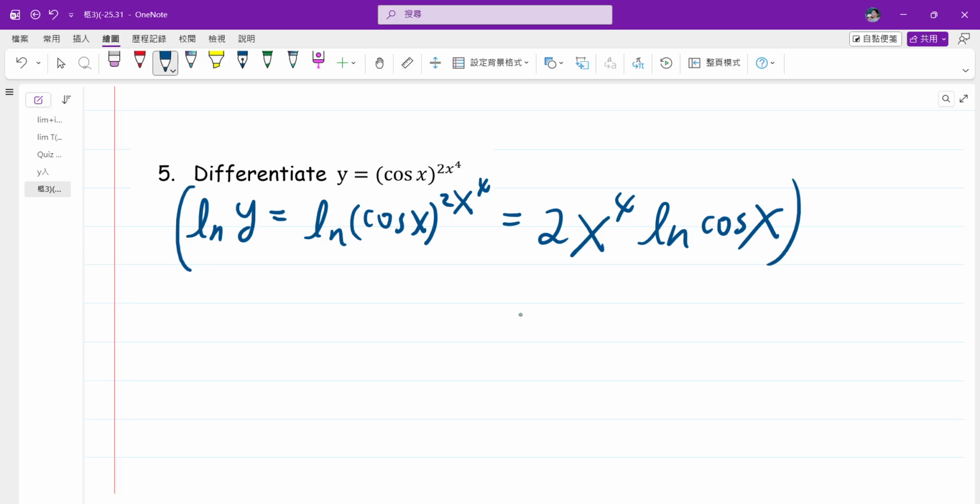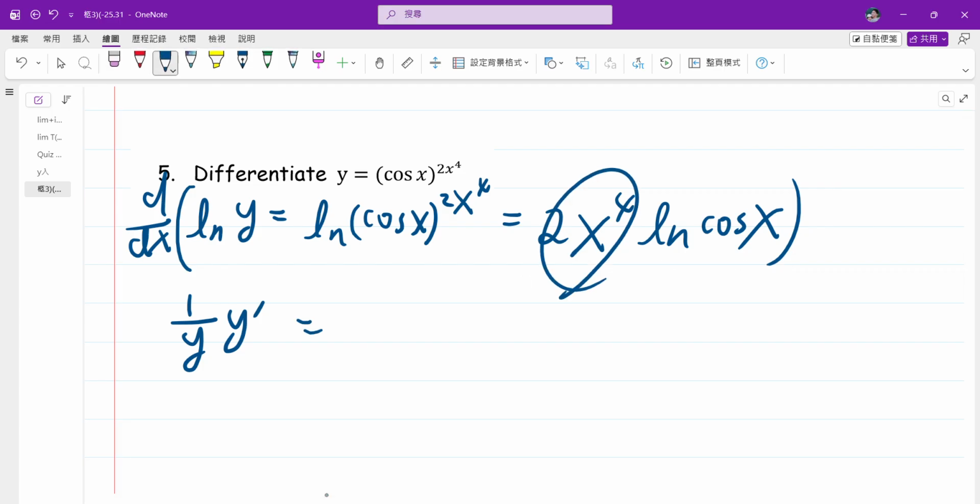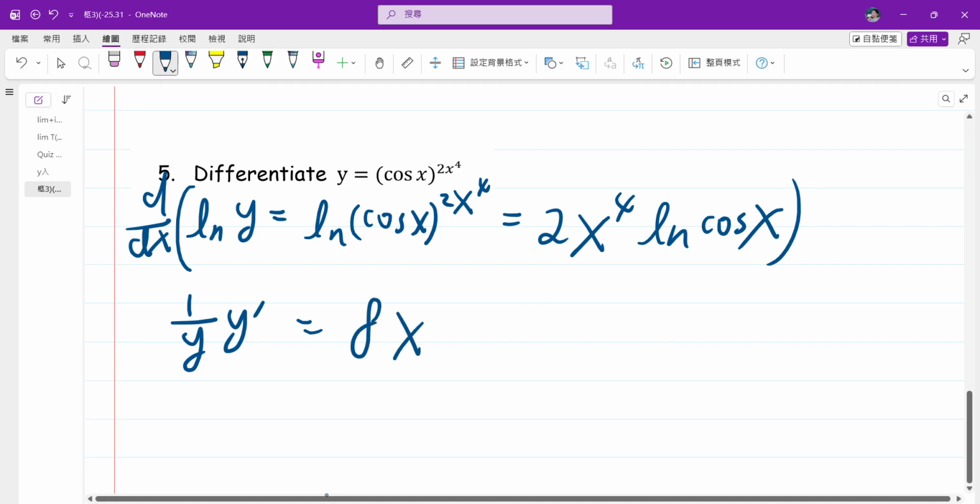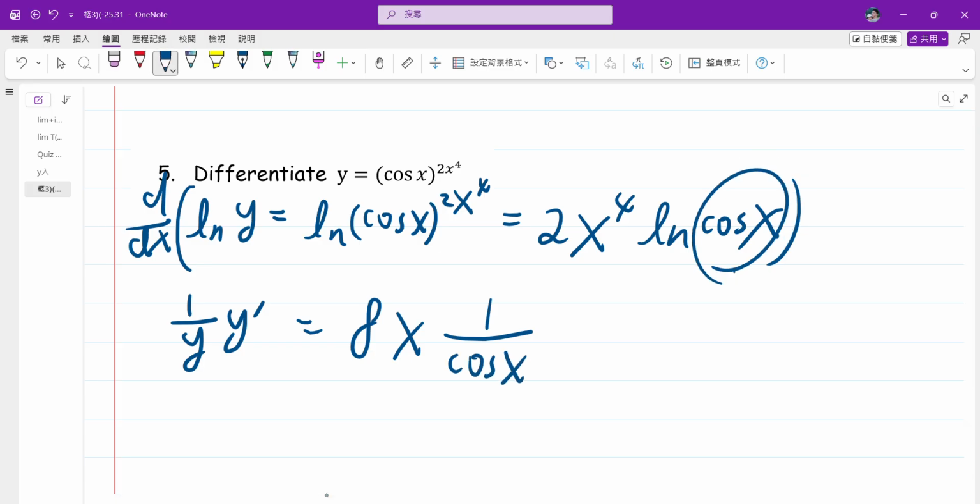And then find the derivative of both sides of the equation. So this part equals 1 over y times y prime. And here, a lot of people just say, okay, this one equals 8x cubed and this one equals 1 over cosine x, and then remember to use the chain rule, the derivative of cosine x is negative sine x.